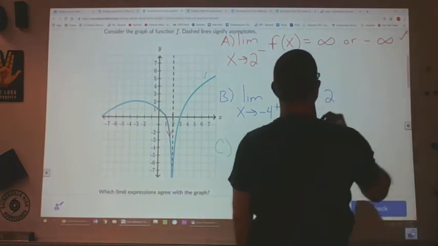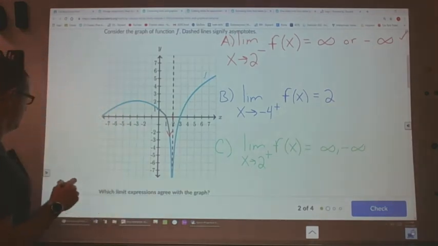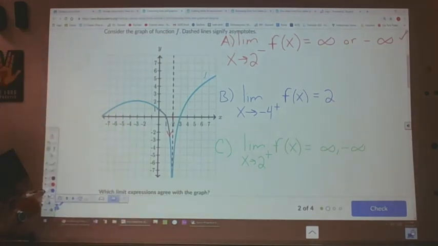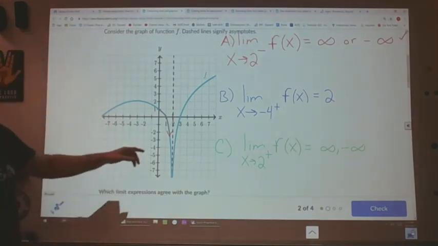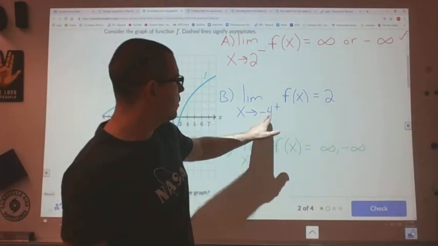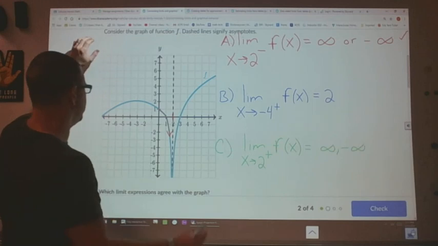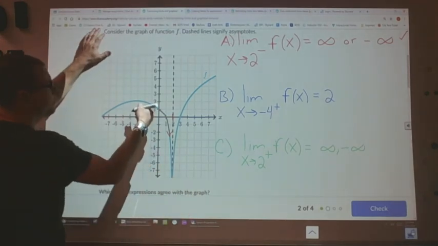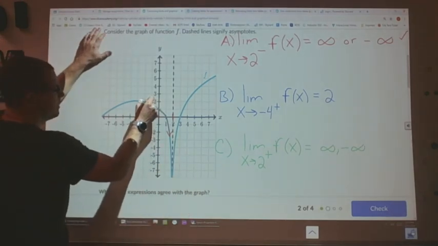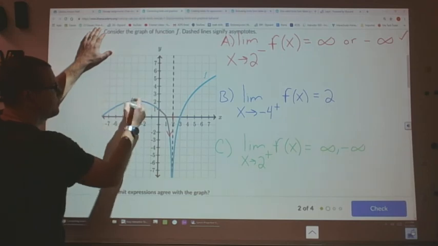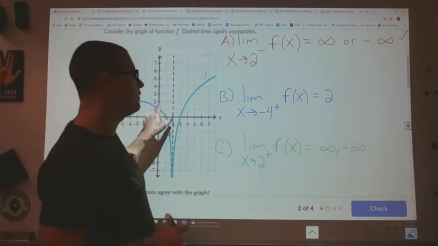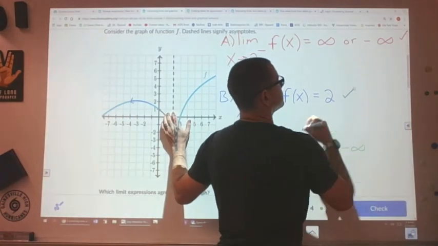So that's right. Here, at negative 4 from the right, we should be pointing to a value of 2. So let's go look at negative 4. From the right, that is pointing to a value of 2. So that one is correct.